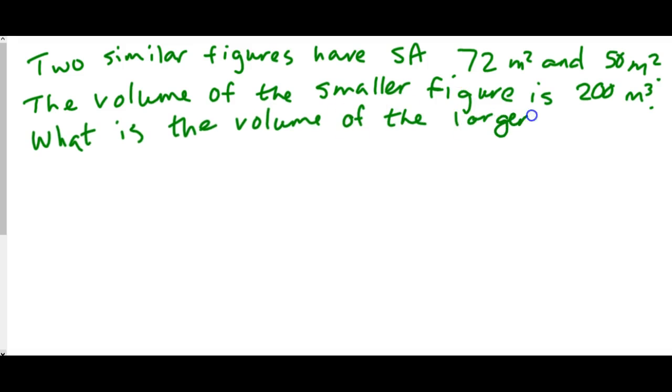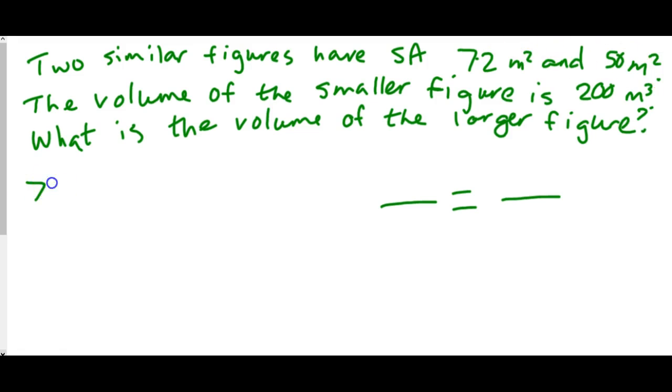To do this, we're going to be setting up a proportion, which is two fractions equal to each other. When we do these fractions, we need our ratios to be the same. Since we're looking for volume, we need these to be volume ratios instead of surface area ratios.